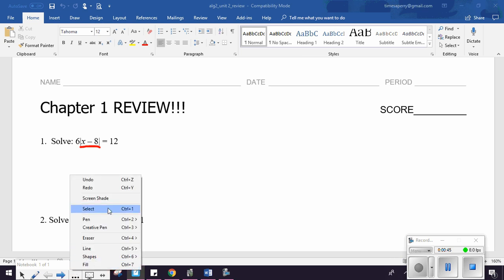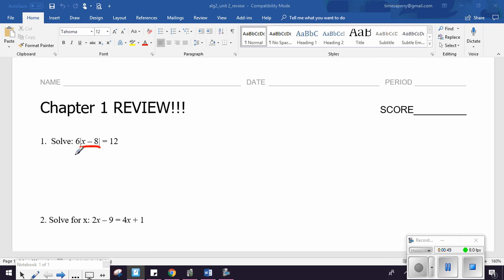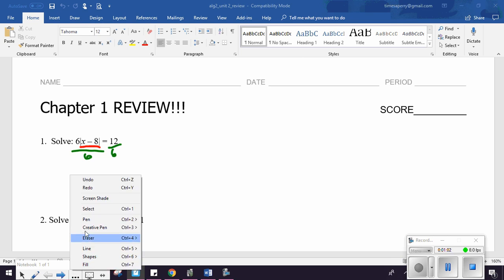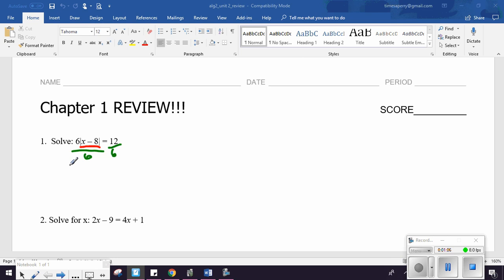So the process for this particular problem is to get rid of the 6. No, you cannot distribute the 6 into the absolute value. The only thing you can do is divide both sides by 6. When you do that, you will have the absolute value of x minus 8 is equal to 2.